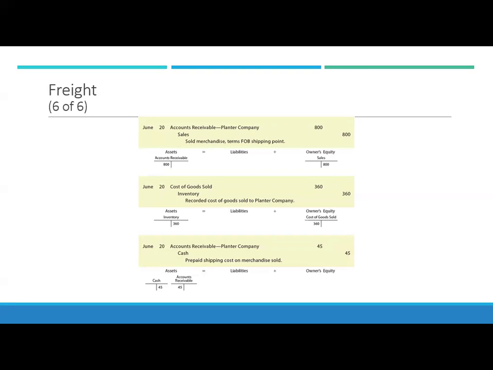And they just add it to the invoice and collect it from the customer. And so then they pay cash, so it's credit to cash, $45 for the shipping, and then debit $45 for the accounts receivable because they're just adding it to the invoice. But it's not a revenue or an expense to them because it's the responsibility of the buyer and they are the seller. So they're just facilitating that payment, adding it to the invoice.